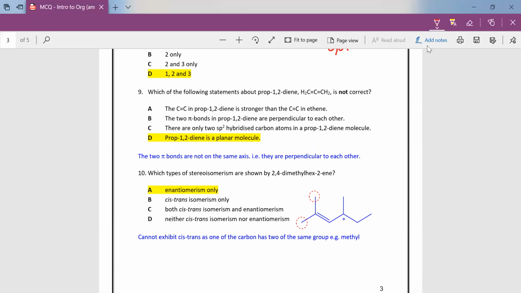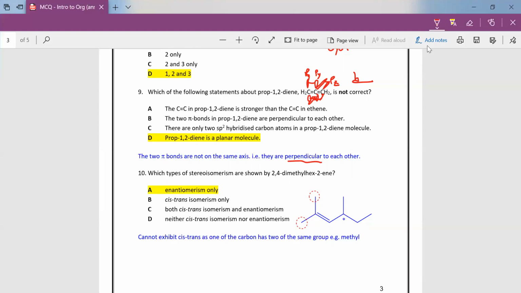If you are using py to form the pi bond here, you can't possibly use the same py to form another pi bond to this third carbon. So you have to use maybe pz, which is perpendicular to py, to form the other pi bond. They are perpendicular and therefore not planar.